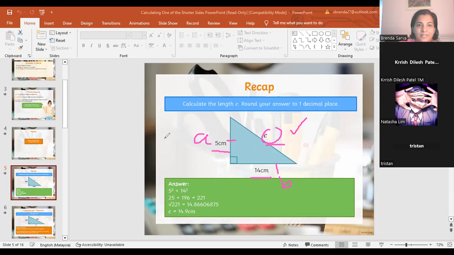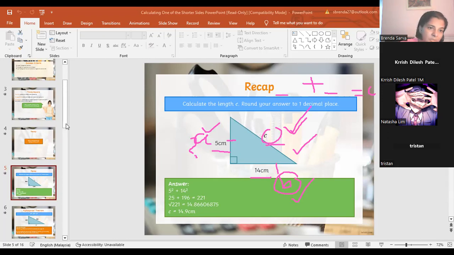However, in some instances, C is given and A is given, and they ask you to find B. Or C and B are given, and they ask you to find A. In either case, earlier we added the two shorter sides to get the longer side, so now the operation reverses to subtraction, in which we take the longest side and subtract.